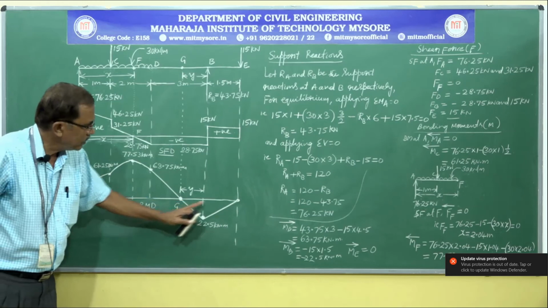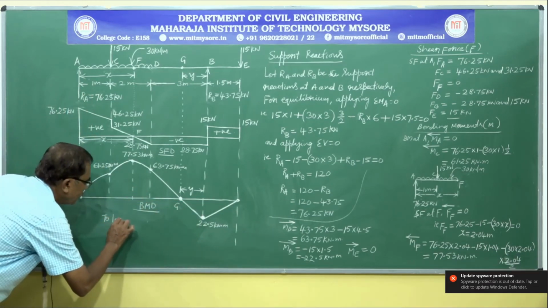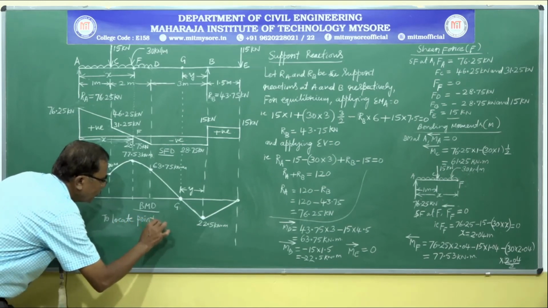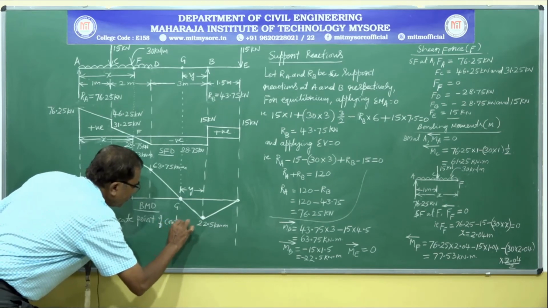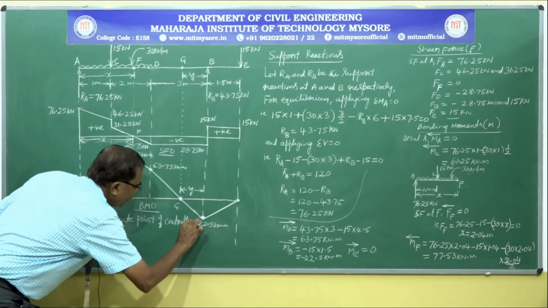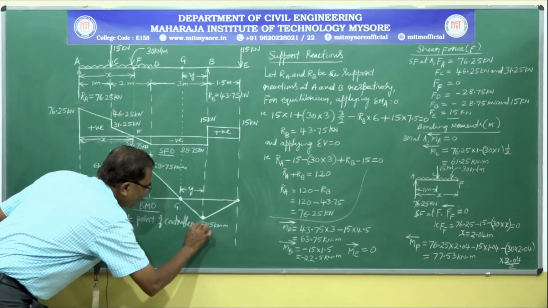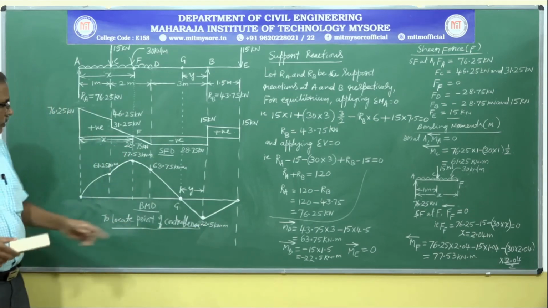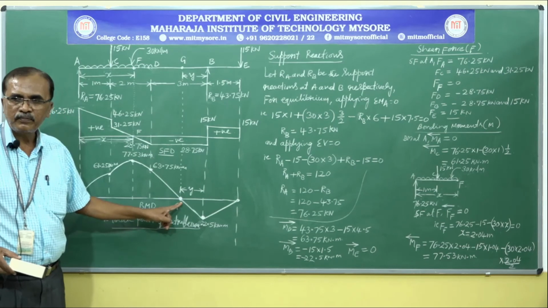To locate the point of contraflexure, we know the bending moment at point G is 0.